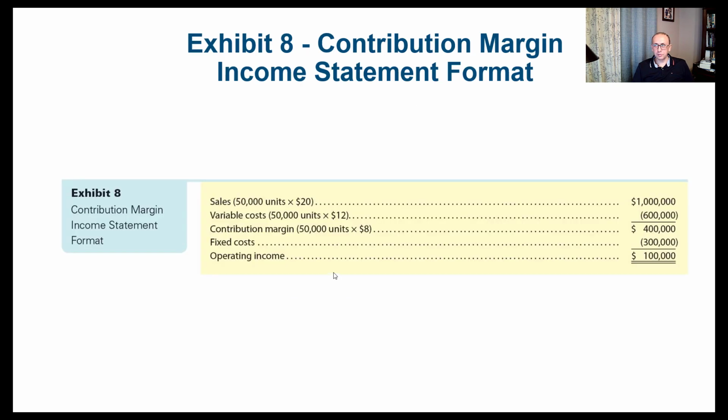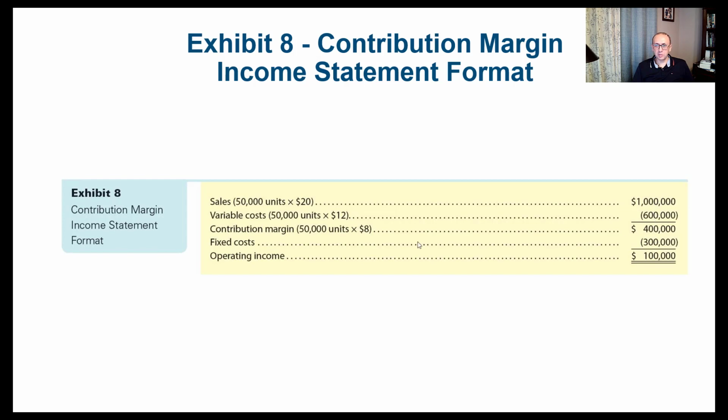If we try to create a quick income statement, we can start with the sales, which is 50,000 units multiplied by the selling price of $20, that would be $1 million. Then we subtract the variable cost, which is the same 50,000 units multiplied by the variable cost per unit of $12, and that would be $600,000.